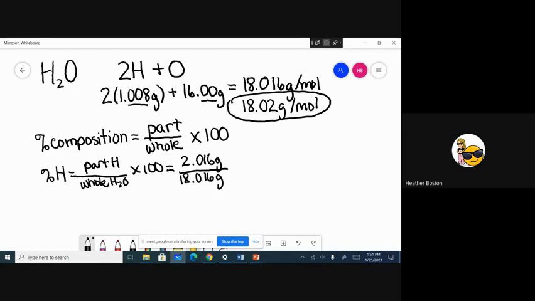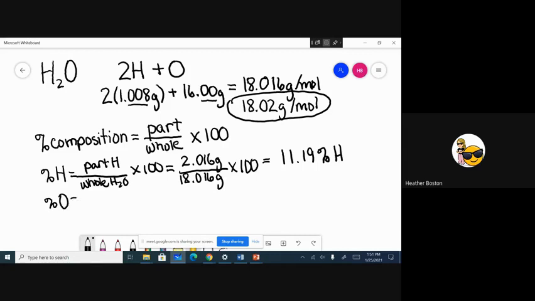You're going to use your raw number. You don't want to use your number that you rounded. You only round at the end of a problem. So you want to use your raw data when you're doing calculations. So I get that this compound is 11.919% hydrogen.